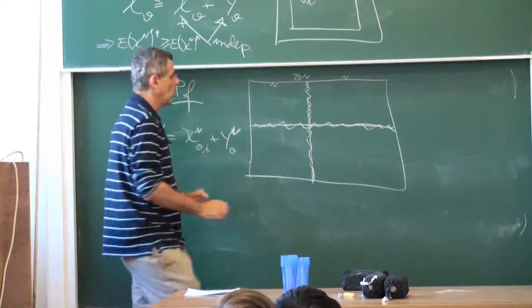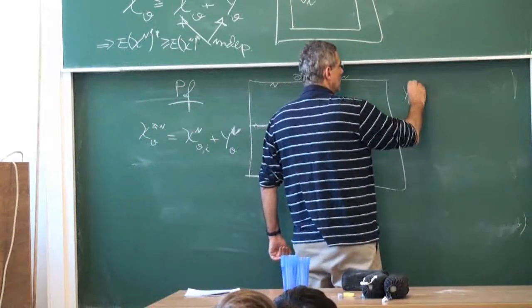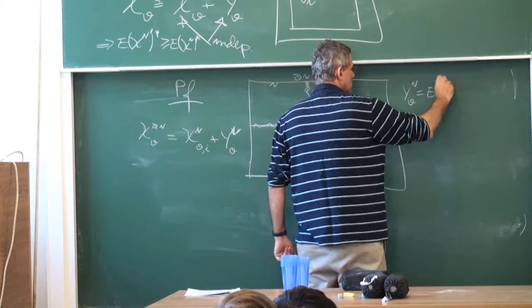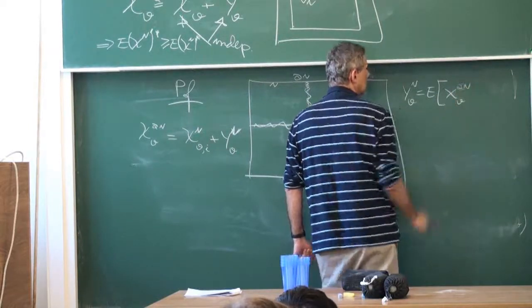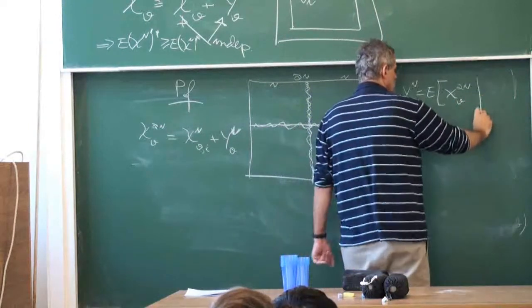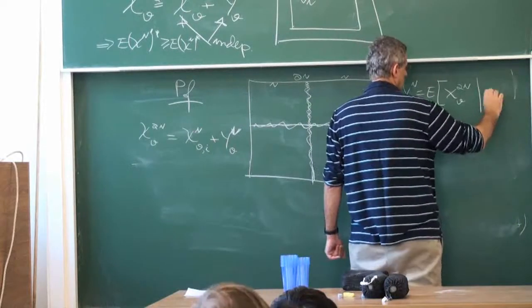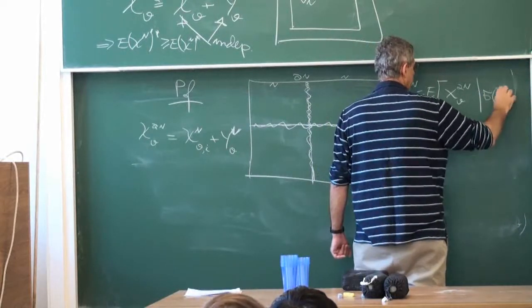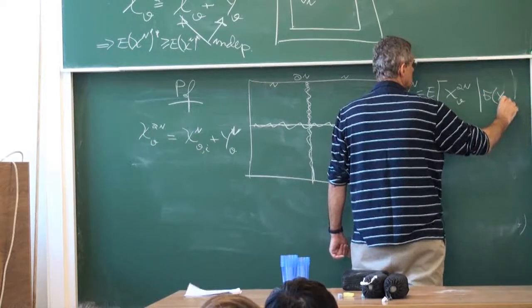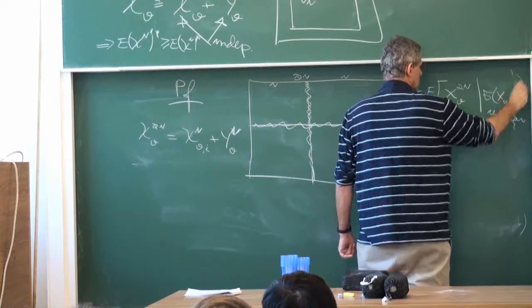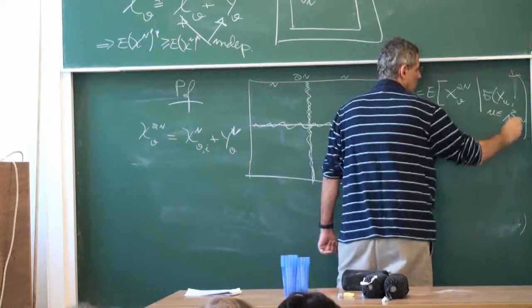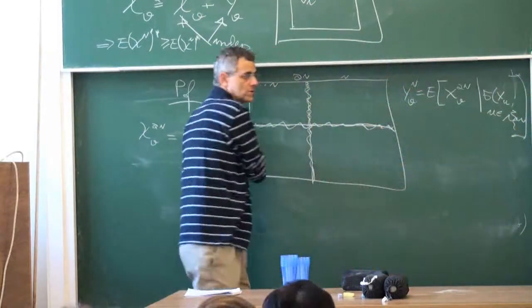Okay? So Y_v^n is just the expectation of X_v^{2n} conditioned on sigma of X_u, u in those lines.